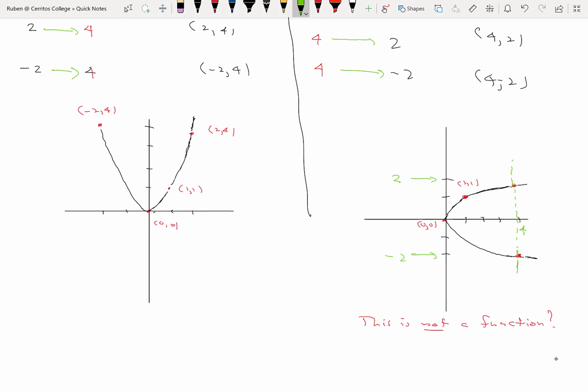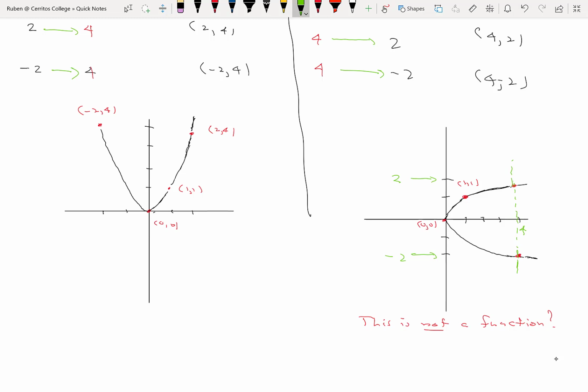In terms of that physics example, even if you haven't had physics, and this doesn't make sense as an applied example, this is saying that an object would hit the ground at both 2 seconds and negative 2 seconds after it's released.